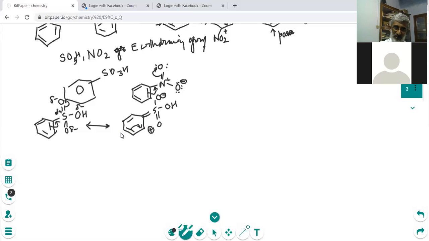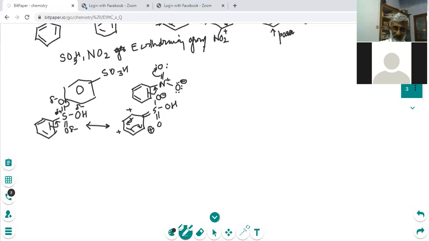It will come to this place. You can draw it again. It will come to this place in the next structure. And one more structure you can write.